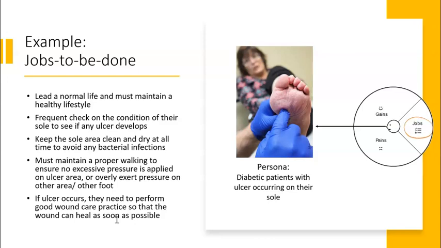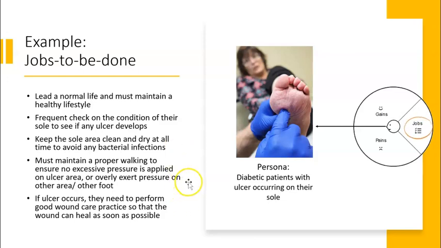The jobs to be done by a diabetic patient. First, they have to lead a normal life and must maintain a healthy lifestyle. They have to do frequent checks on the condition of their sole to see if any ulcer develops. They have to keep the sole area clean and dry at all times to avoid any bacterial infections.